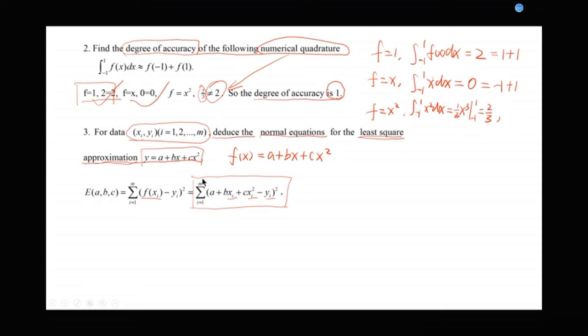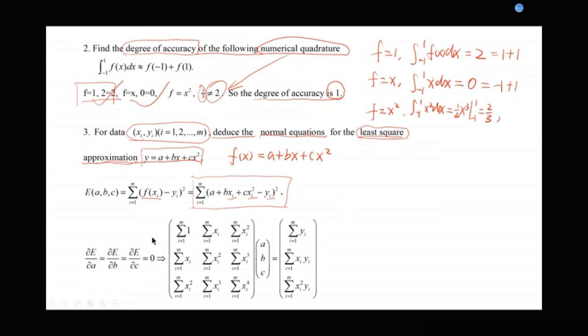So we consider this summation as a new function of 3 variables a, b, c. Clear? And because we need to find the least value, a minimum value, we need to compute its gradient, right? So we need to compute partial E partial a, partial E partial b, partial E partial c, let them be 0. Then we can obtain the normal equations.